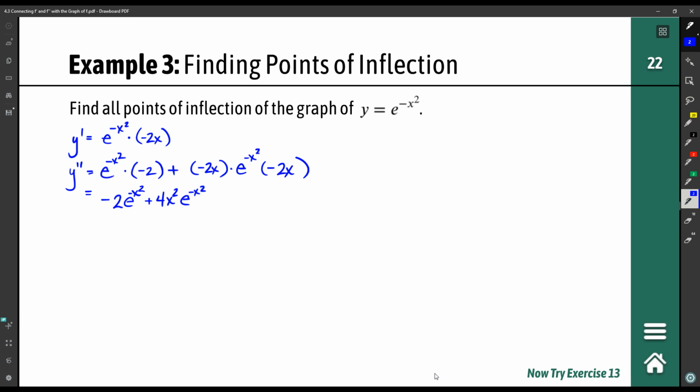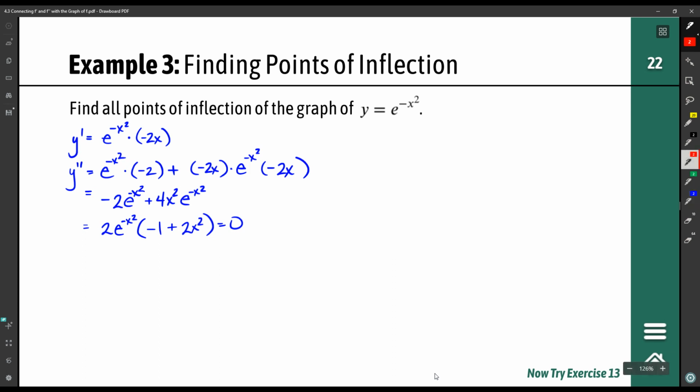I do notice a common factor. It's a common factor of 2 and a common factor of e to the negative x squared. So let's take those out, 2 e to the negative x squared. That's going to leave us in the first term with a negative 1 and in the second term with a 2x squared. So we'd like to know where the second derivative is 0 so we can see how to partition the number line and check for a change of sign in the second derivative.